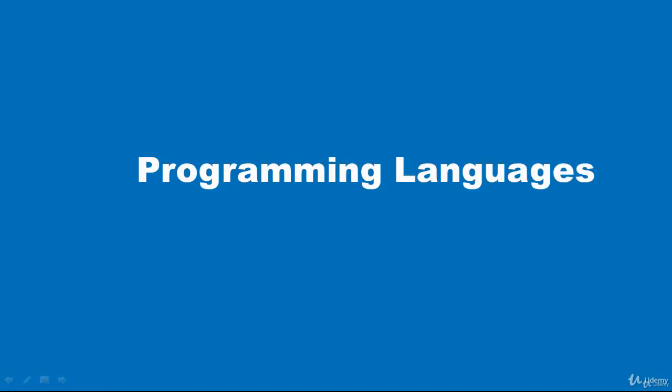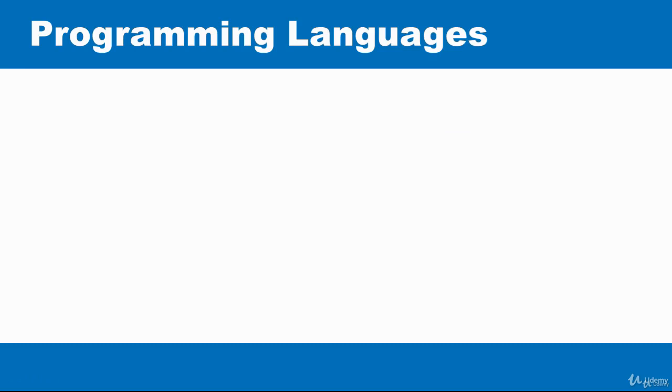Hello and welcome. In this video, I will explain the different types of programming languages based on their proximity to the computer hardware. What is a programming language? A programming language is basically used to write instructions for the computer to carry out.